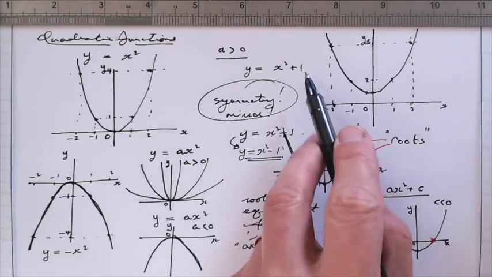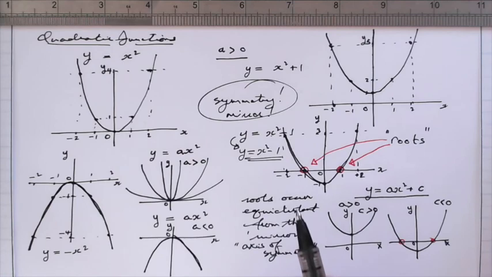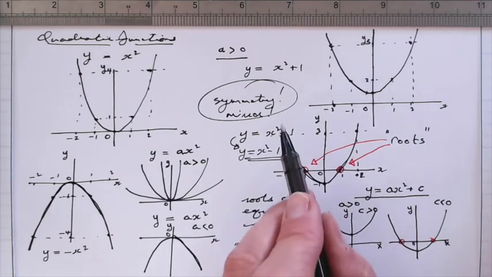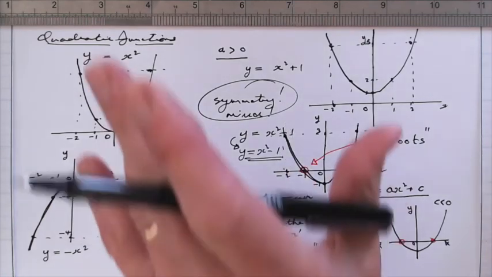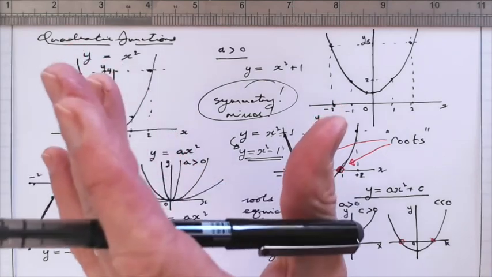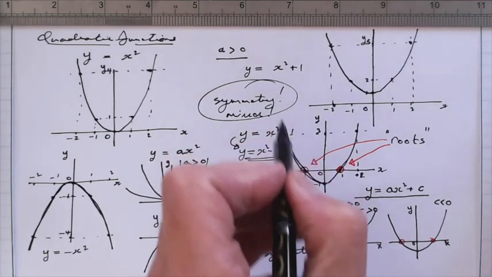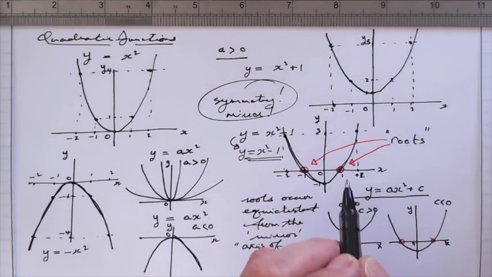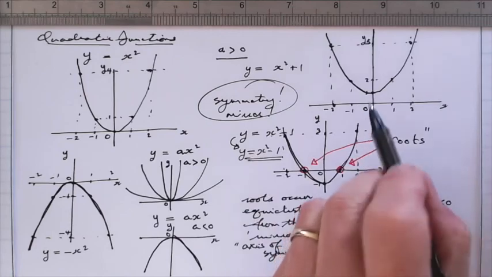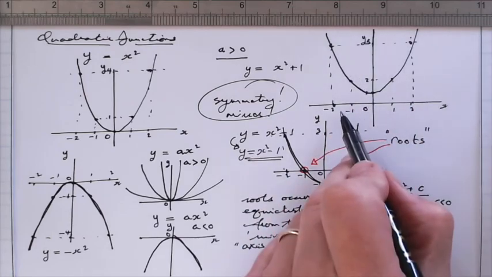If we add a constant on to parabolas that look like ax squared, we either push them up, or we pull them down. In the case when a is positive, when we have a valley-shaped parabola, if we push them up, the curve never sees the x-axis.